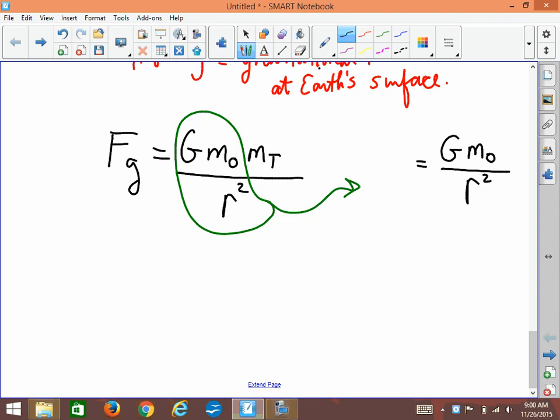We need to give it a name, but we can't call it little g anymore because that's only at the surface of the Earth. We need to give it a sort of general name. Well, we could call it g, I suppose, but we'd have to understand that this little g could move and change and not be 9.8.